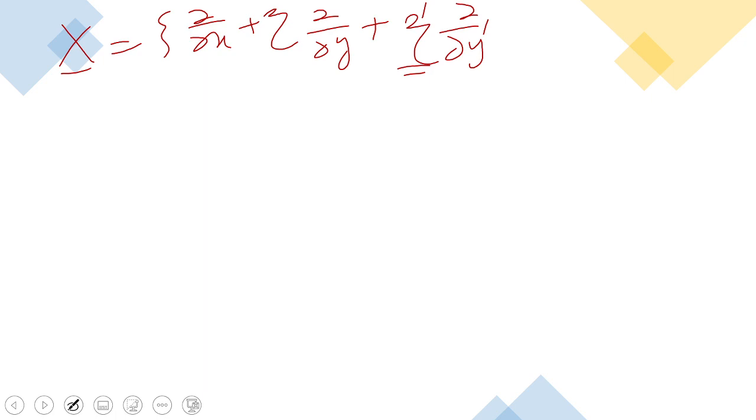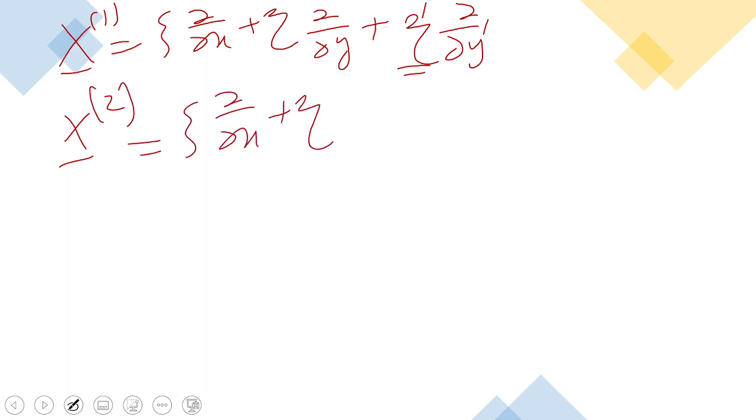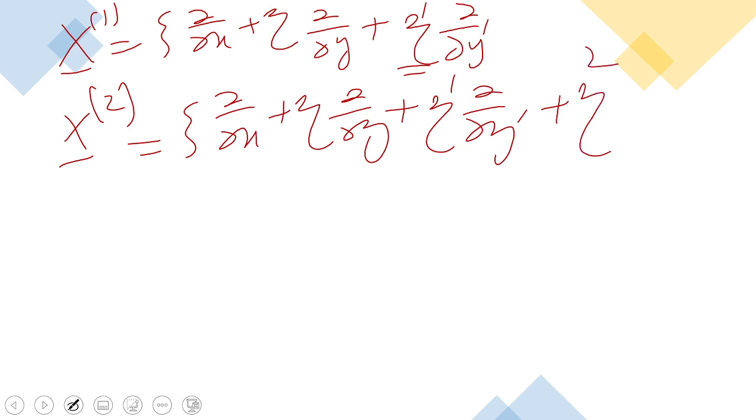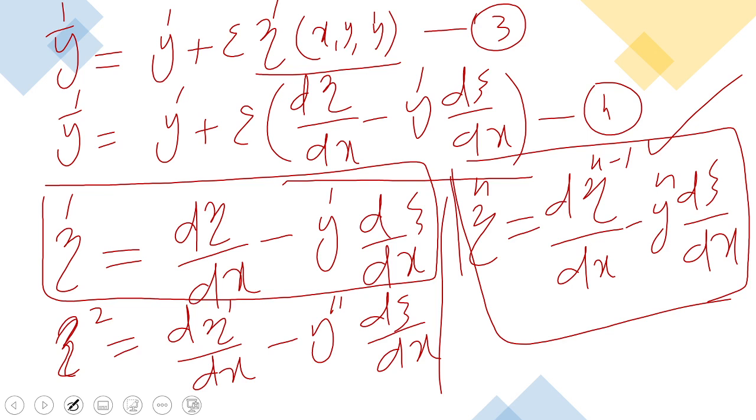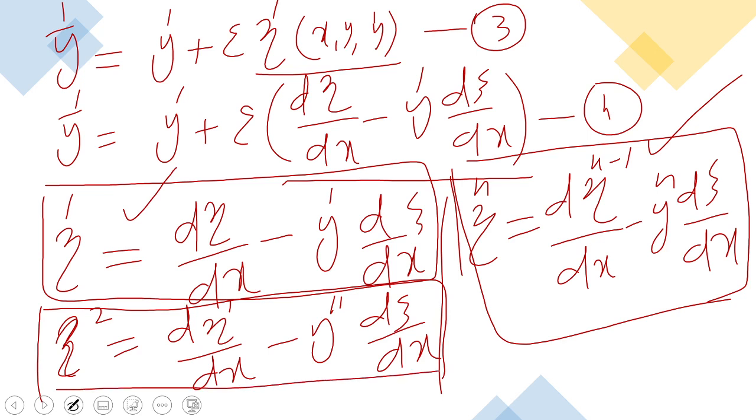Similarly, second extension, if I need X2, then that will be ξ ∂/∂x plus η ∂/∂y plus η1 ∂/∂y' plus η2 ∂/∂y'', and eta 1 can be calculated from this, and eta 2 can be calculated from this, and so on.